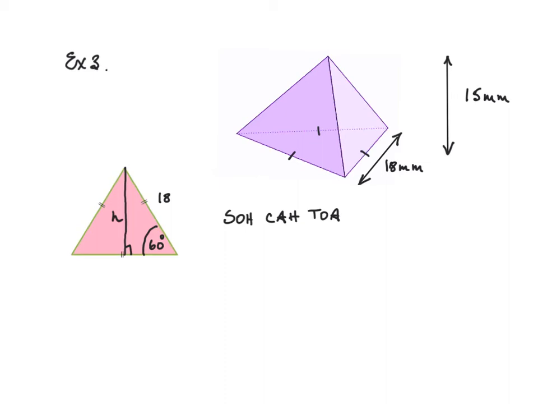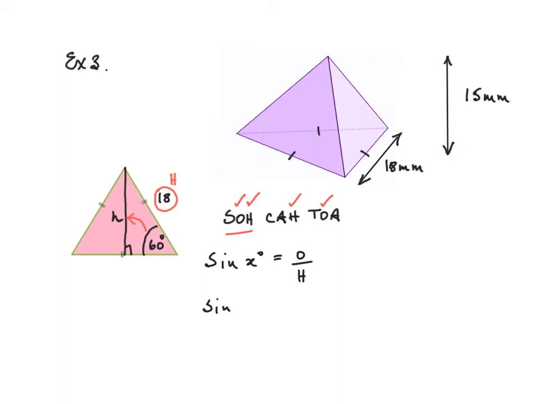So let's identify the sides then. Well, this is the hypotenuse because it's the longest side, the one opposite the 90-degree angle. So I'll put a tick here and a tick here. And this is the opposite side because it's opposite the 60 degrees. So I'm going to put a tick here and a tick here. And you can see then that it's the sine ratio. So sine of x is O over h.